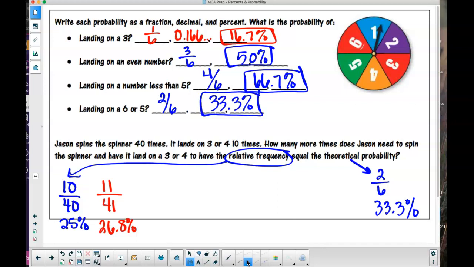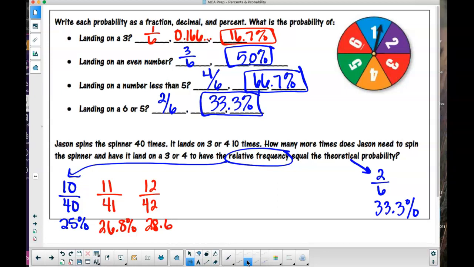Now what's his relative frequency? If he spun it one more time, it'd be 12 out of 42. 12 divided by 42 is 28.6. Getting closer. Still not enough, so we have to spin again.